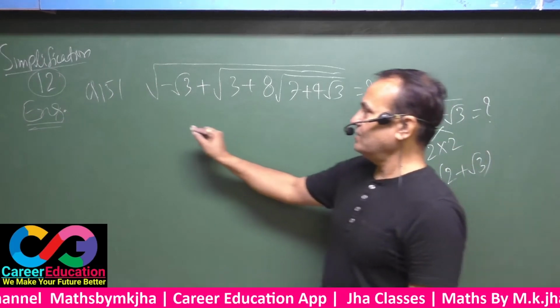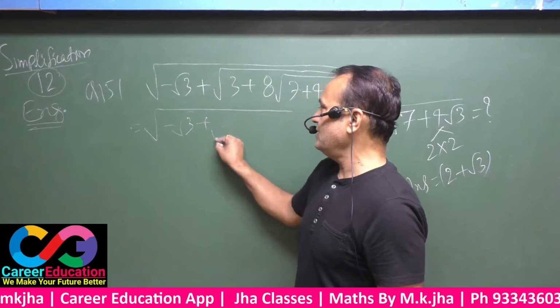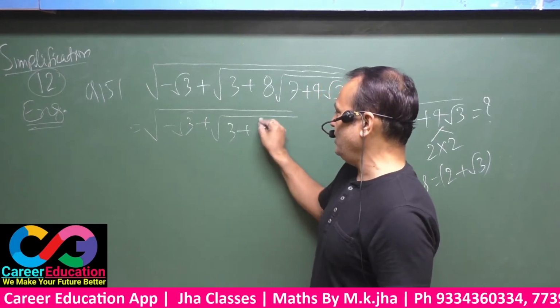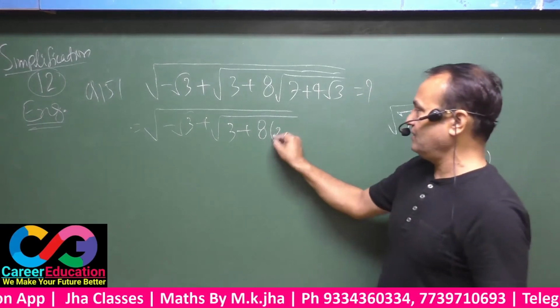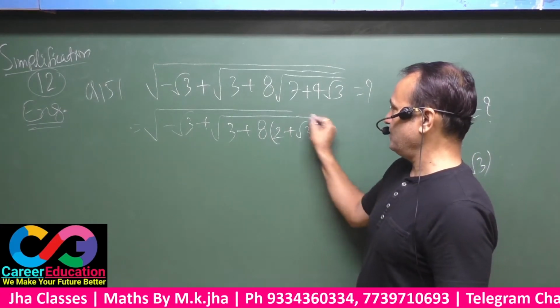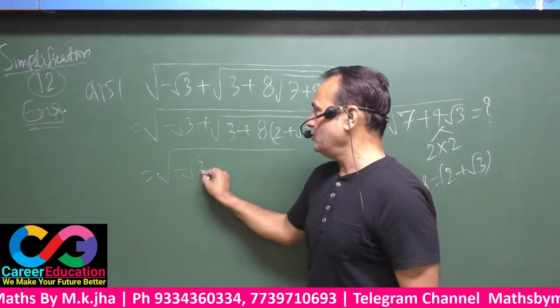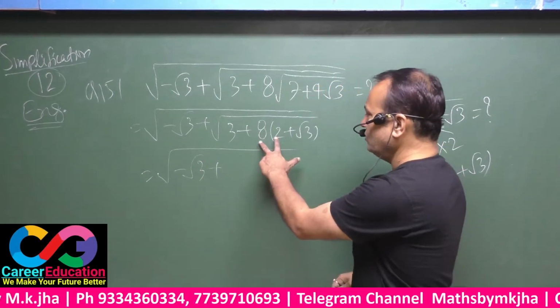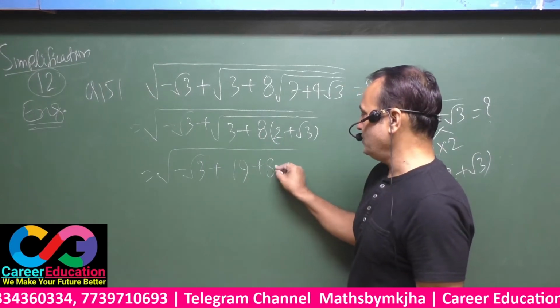That means if you proceed here, this is minus root 3 plus under root of 3 plus 8 and the result of this is 2 plus root 3. Now again the situation is minus root 3 plus, verbally do 3, 8 to the 16 plus 3 is 19 plus 8 root 3.